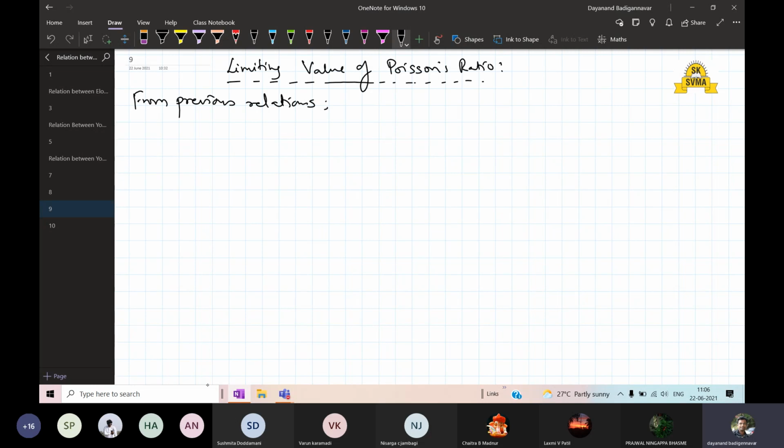So here from the previous relation you have Y equal to 2 eta into 1 plus sigma, and Y equal to 3k into 1 minus 2 sigma. So this I'll take as 1 and this is 2.